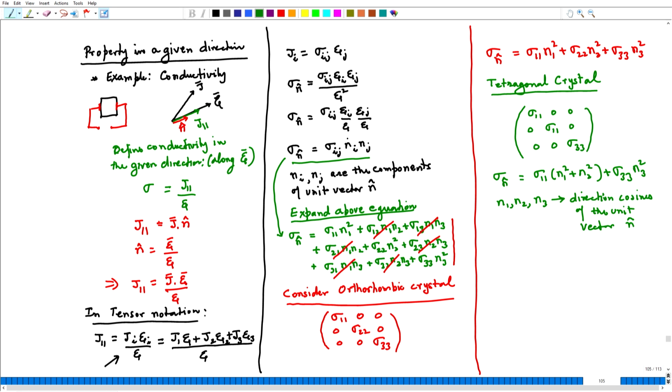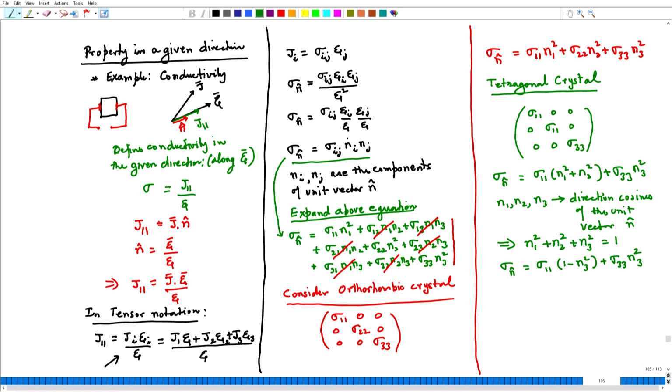And since these are direction cosines, n 1 square plus n 2 square plus n 3 square equals 1. That is a property of the direction cosines. Hence, I can write the conductivity in the given direction as sigma 1 1 into 1 minus n 3 square plus sigma 3 3 n 3 square. I am replacing n 1 square plus n 2 square by 1 minus n 3 square.